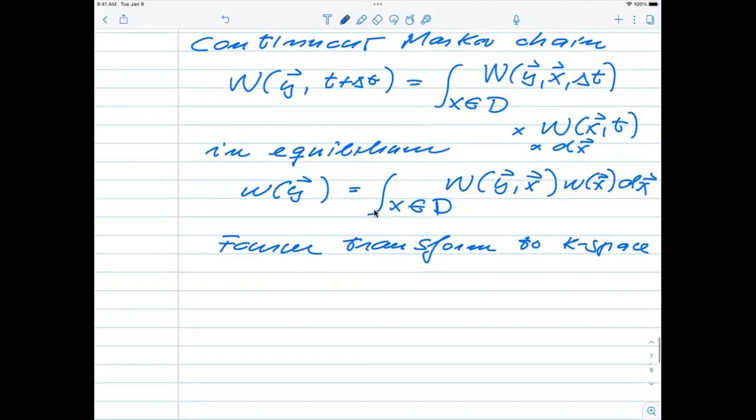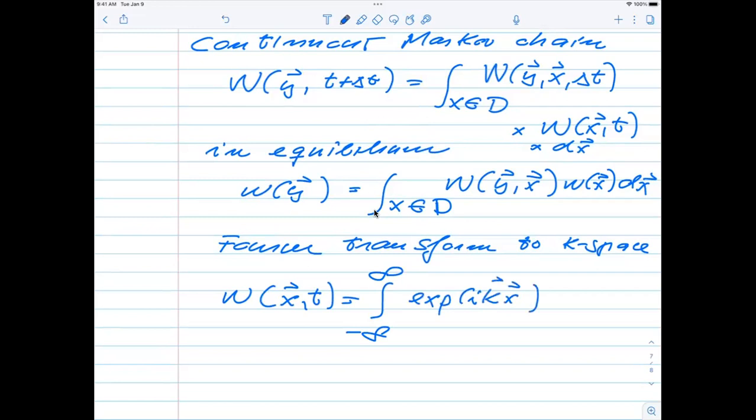And then we can express this quantity x as a function of t before equilibrium has been reached. And we have an integral from minus infinity to plus infinity of the exponential of i k x, multiplied with the same probability with k and t, and an integral over dk here.